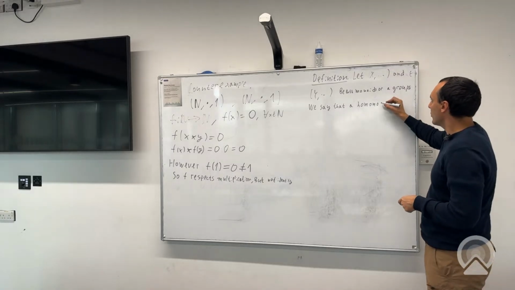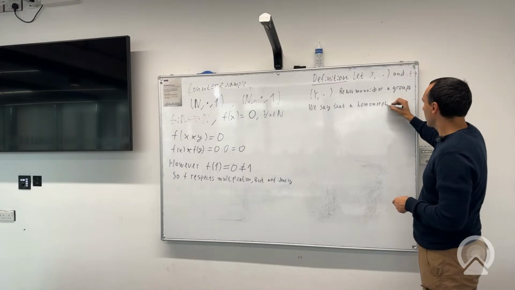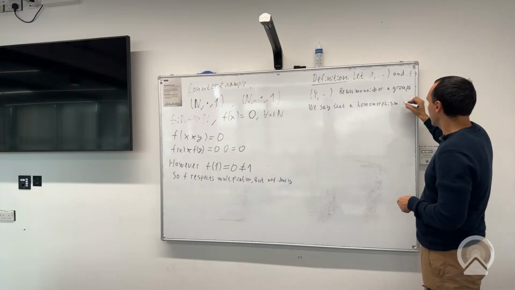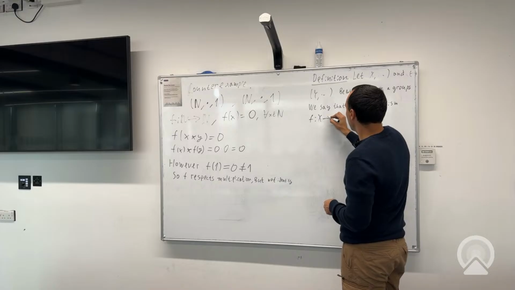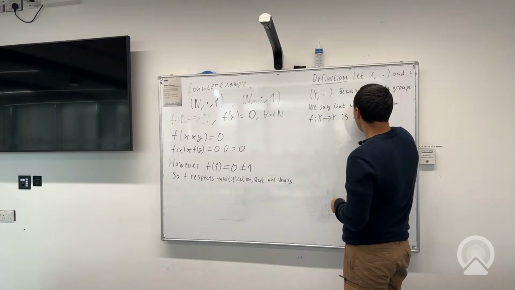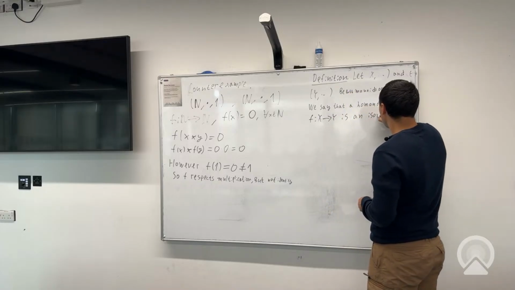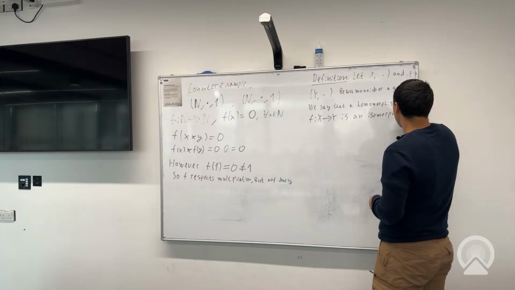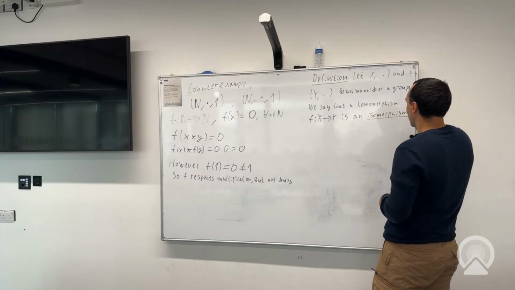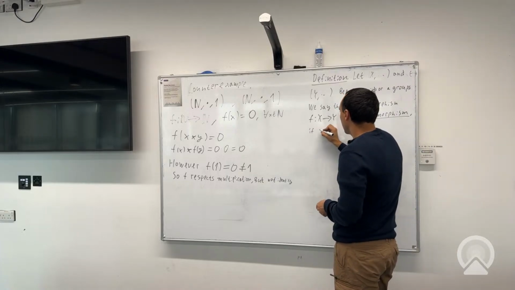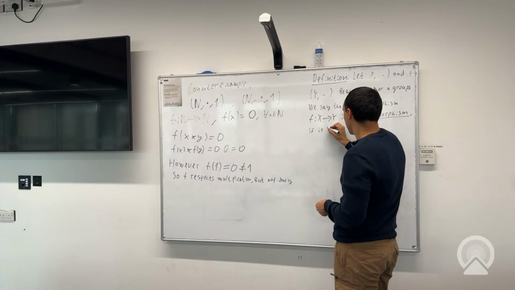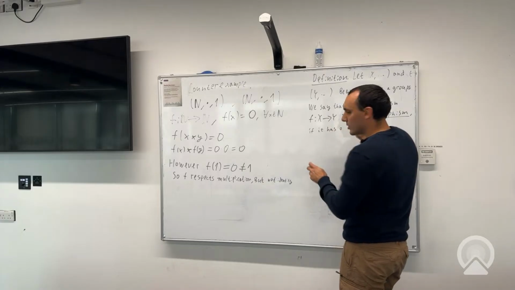We say that a homomorphism f from X to Y is an isomorphism if it has an inverse, if it's bijective, okay.